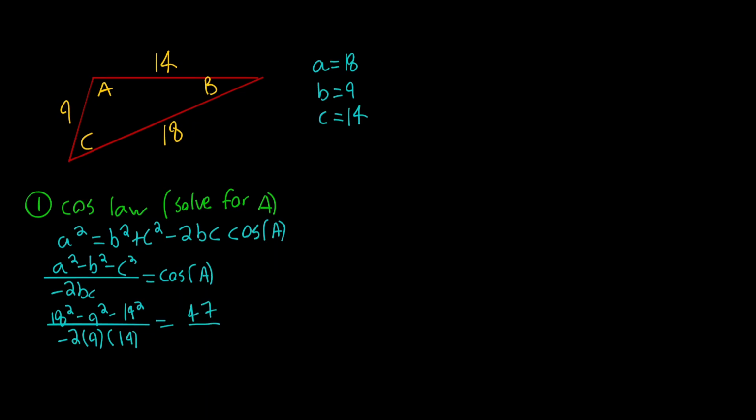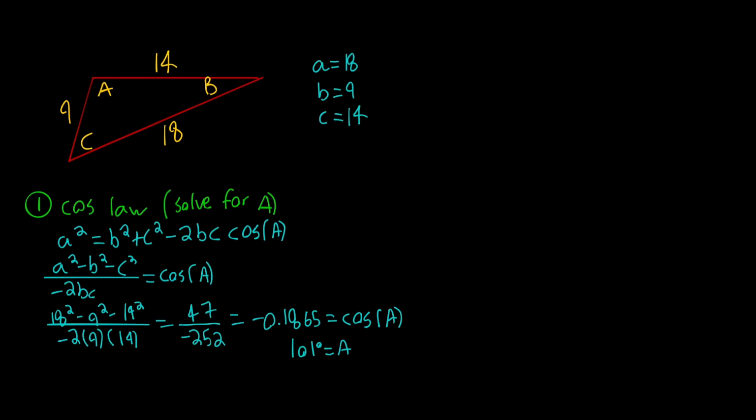So that's 47 divided by, on the bottom, we're going to get negative 252. Or when we divide them, we're going to get negative 0.1865 as being the cosine of A. We're going to take the inverse cosine of both sides, and that gives me 101 degrees is equal to A.